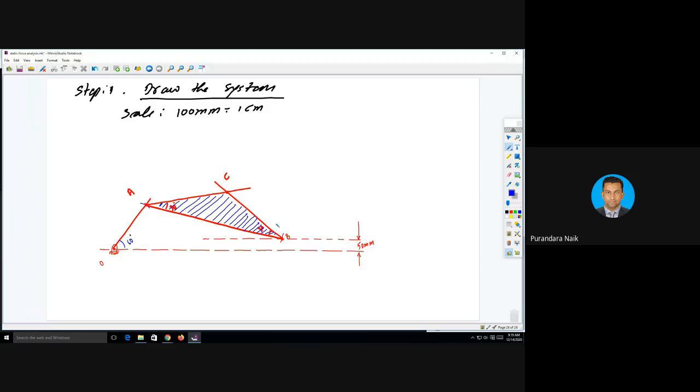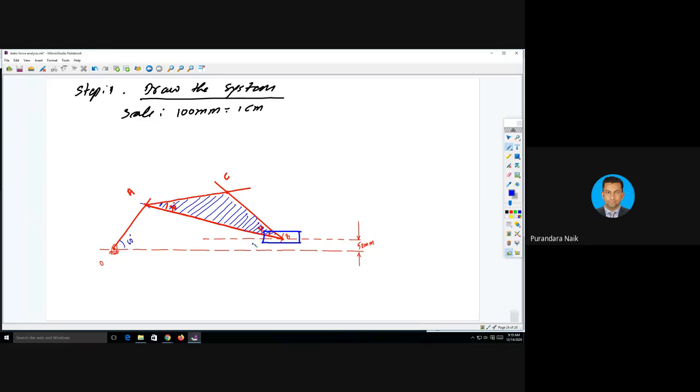Now on point B, you need to draw the piston. You can take any width. So this is a piston.